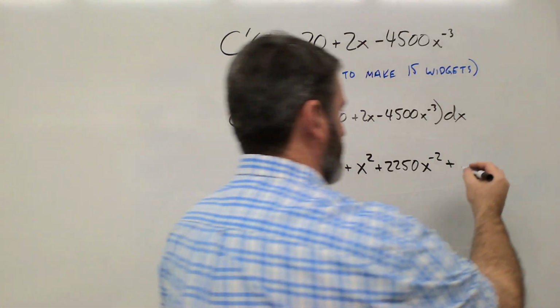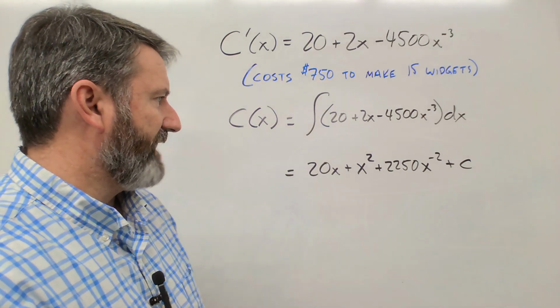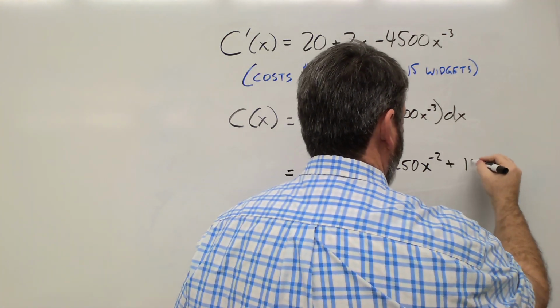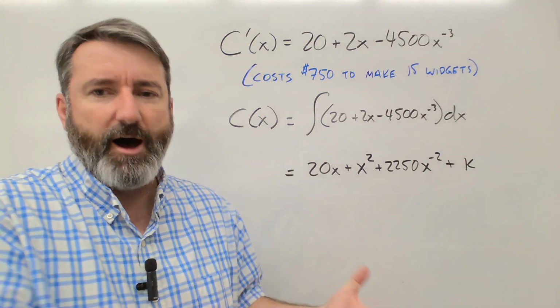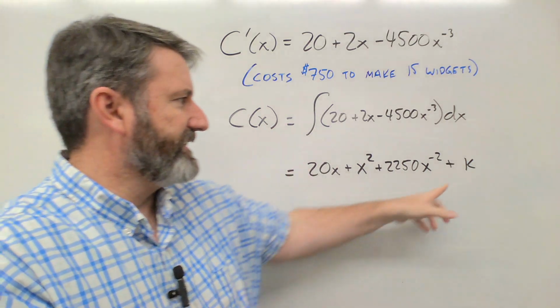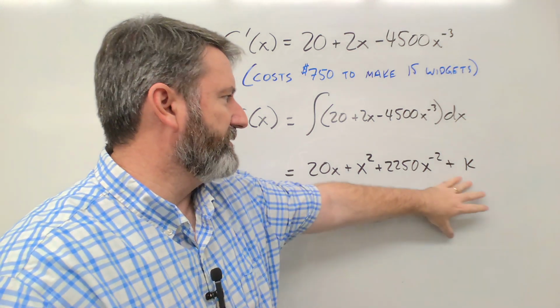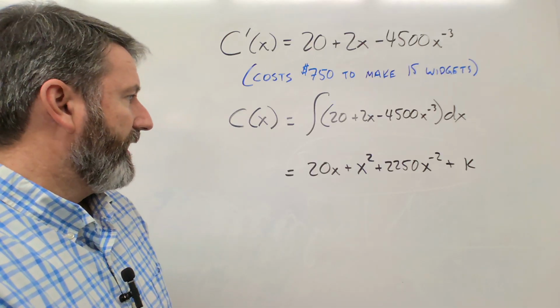And then plus c, because remember there's always a constant that we could have out there. Actually, I'm going to go ahead and make this k, just because we already have a c. We're talking about cost as capital C, and so just so there's no confusion, we're going to call that constant at the end k.